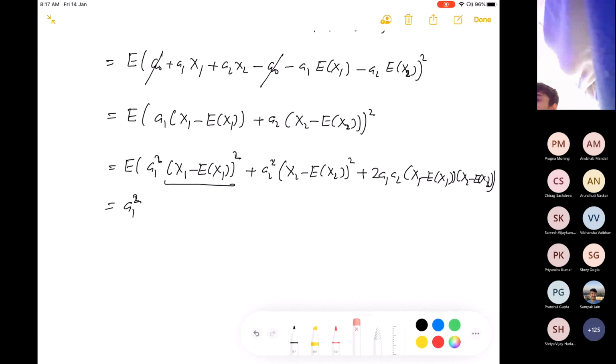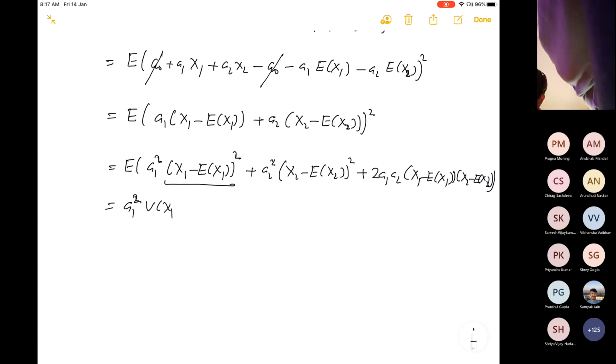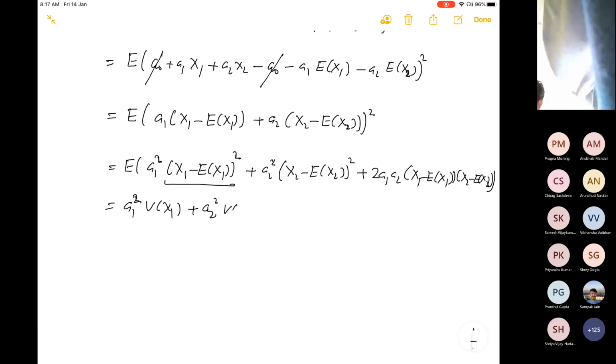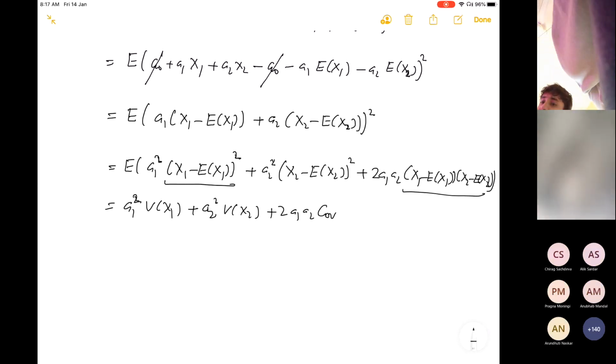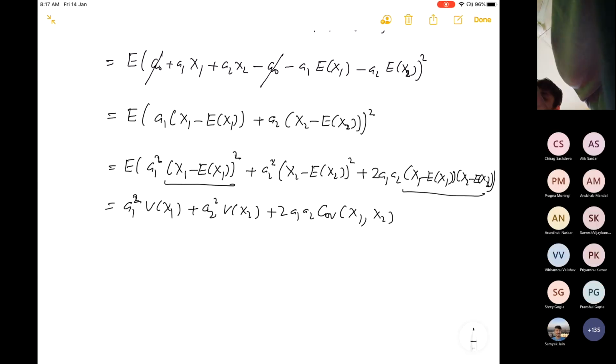So that is the same thing. So variance of x1, plus a2 square variance of x2, plus 2 a1 a2 times the expectation of this. That is the covariance between x1 and x2. That is the definition of covariance between x1 and x2.